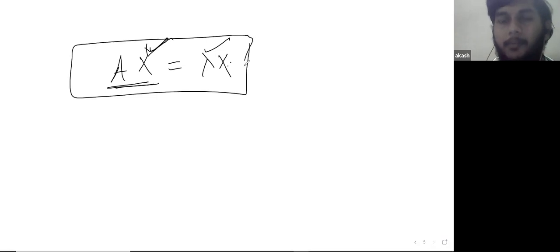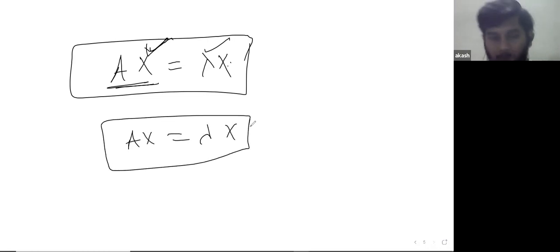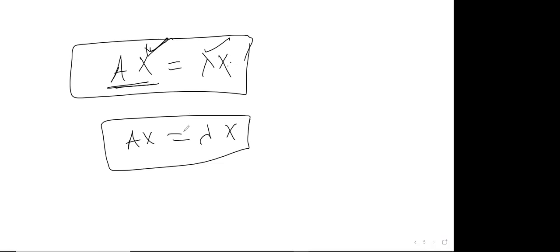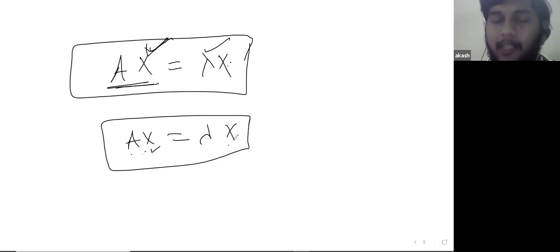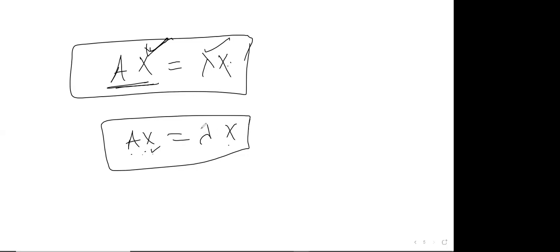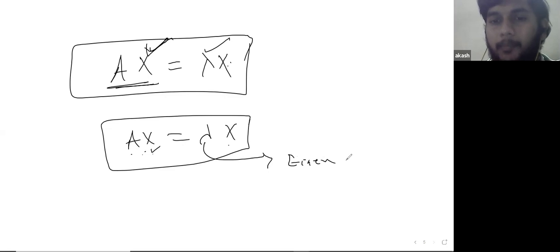This is the equation: Ax equals lambda times x. Do you understand this equation, what I said just now? Yes, sir. Okay. If you apply linear transformation to eigenvectors, it just gets scaled by a quantity, and that quantity is called the eigenvalue. Very clear?